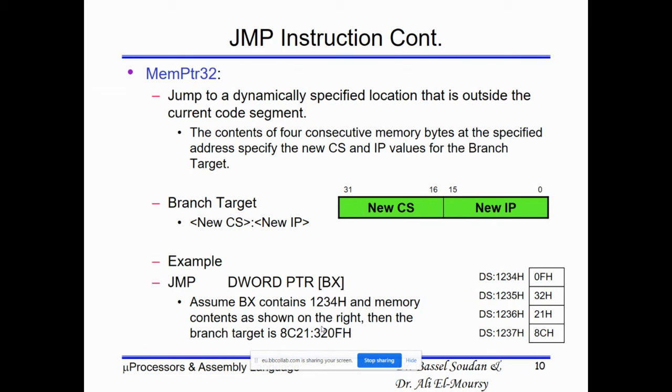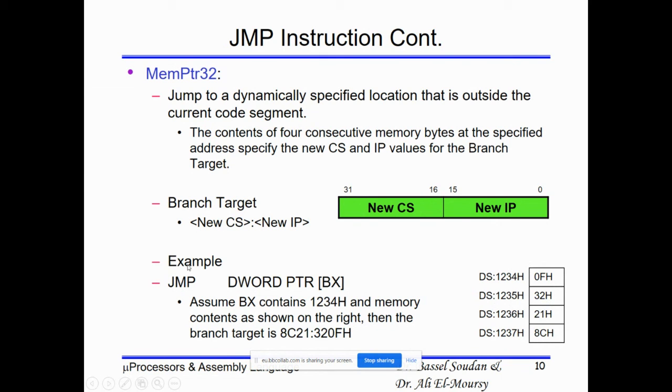If I'm doing this through the memory, that means I want to access 4 locations of the memory in order to do my far jump. The first low order bytes of the memory carry the offset for the target of the jump, and the next 2 bytes carry the segment.